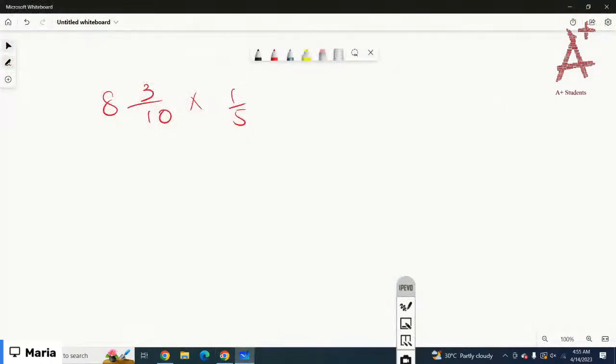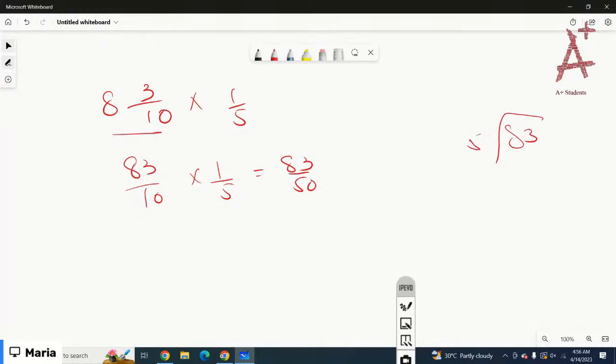Okay, let's just convert this fraction into improper fraction. 10 times 8 is 80 and 3, 83 over 10 times 1 over 5. Let's just do numerator times numerator and denominator times denominator. So it would be 83 over 50. Got it? So just divide 50 times 1 is 50 and here you have 33. So it would be 1 whole 33 over 50.